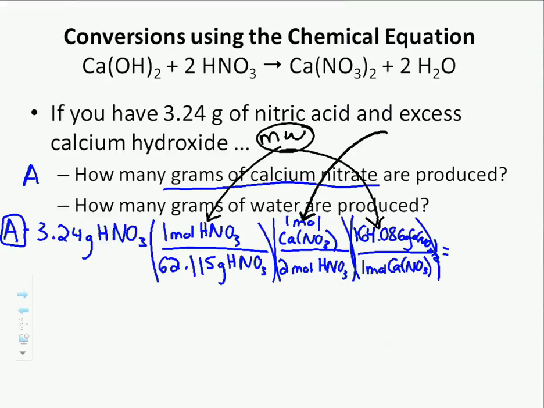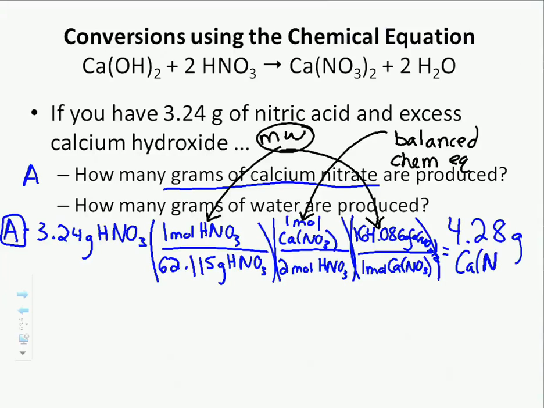Then to get from moles of one substance to moles of the other, we used our balanced equation. So let's put this in our calculator: 3.24 times 164.086 divided by 62.115 divided by 2 gives us a total of 4.28 grams of calcium nitrate.